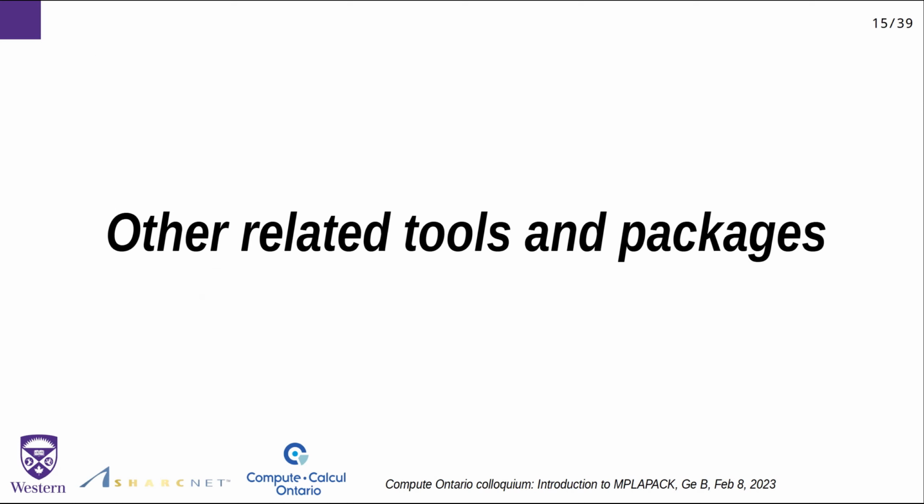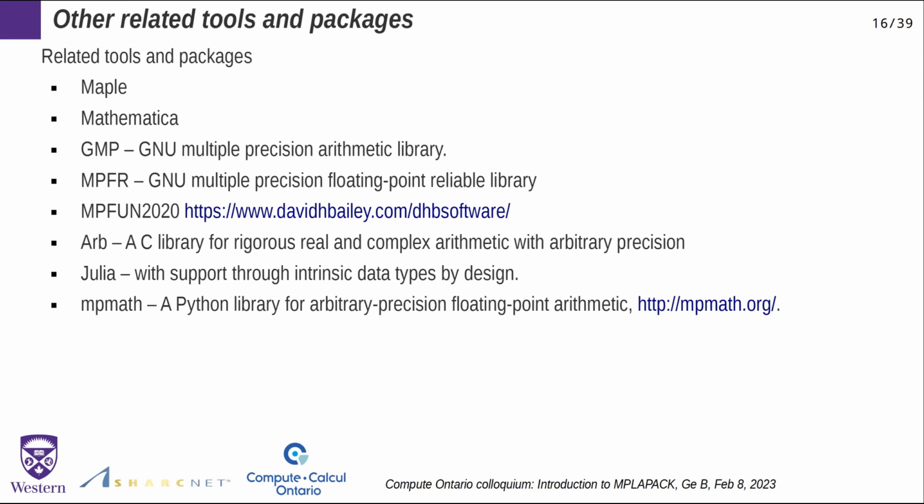Okay, other related tools and packages. And here's a list of related multi-precision packages in the systems. Of course, the first, the famous one on the top, is Maple for symbolic or computer algebra computations, Mathematica, GMP, MPFR, and MPFUN2020.